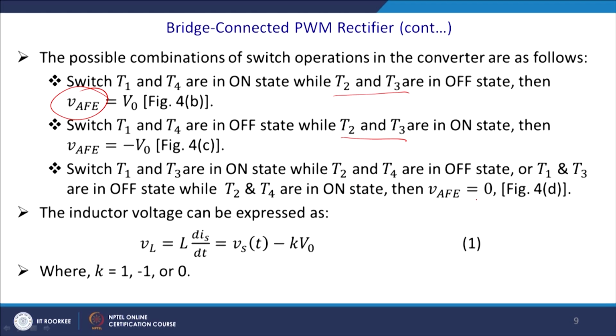The inductor voltage can be expressed as V L equal to L d I dt equal to V s minus K V 0, where K equals either 1 or minus 1 or 0. These are the equations.